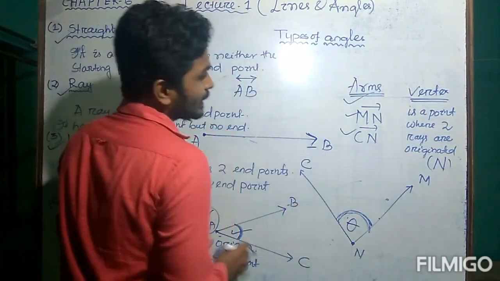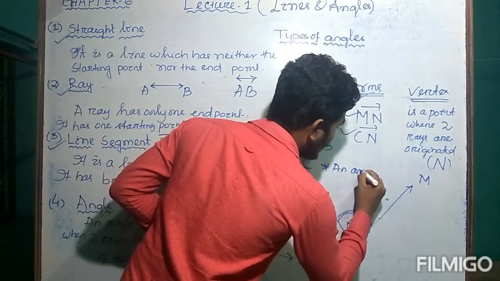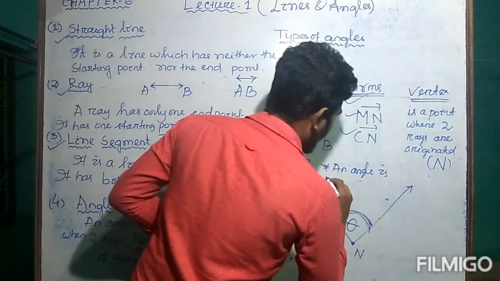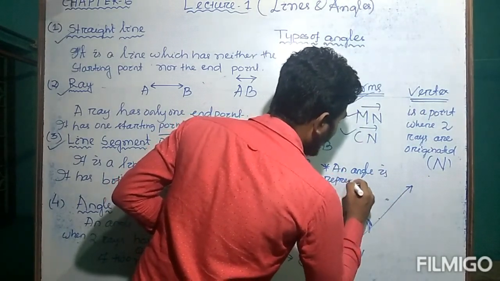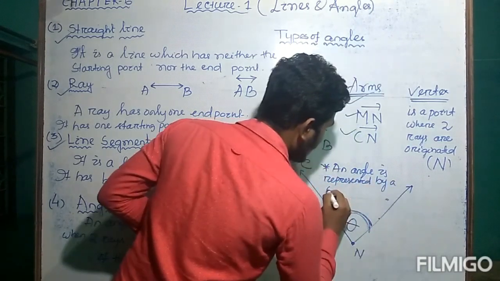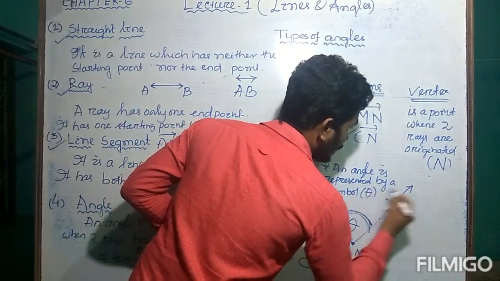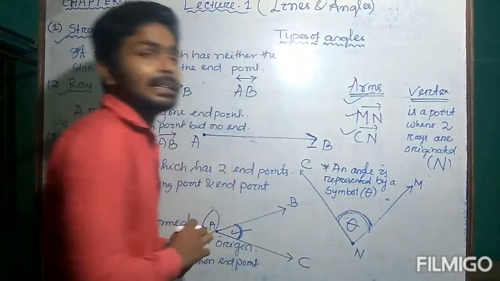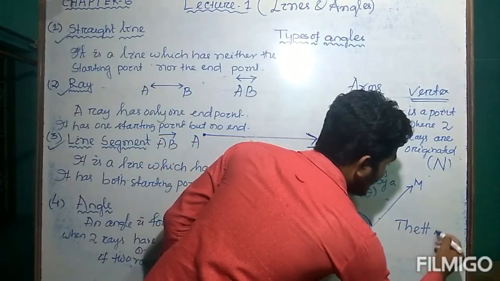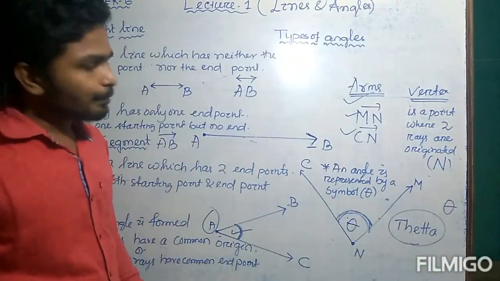So you can write here an angle is represented by a symbol theta. Okay, what is it? Theta. Like this. Okay.